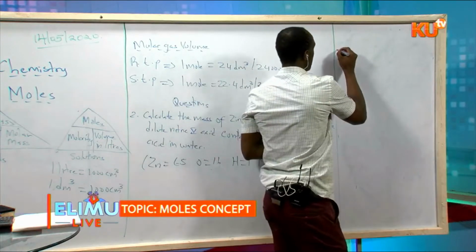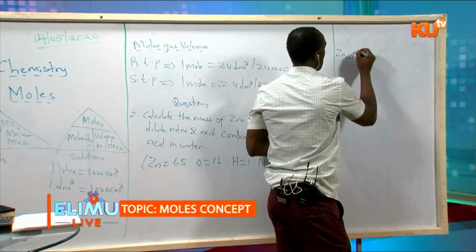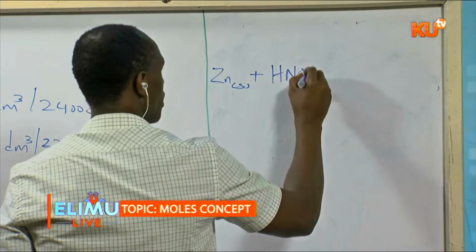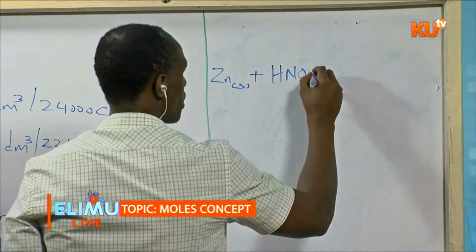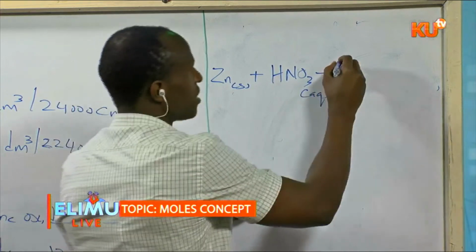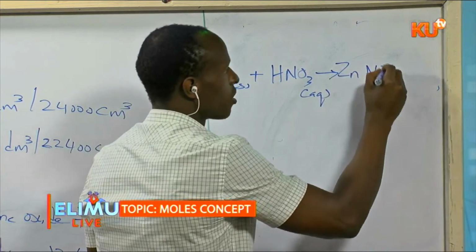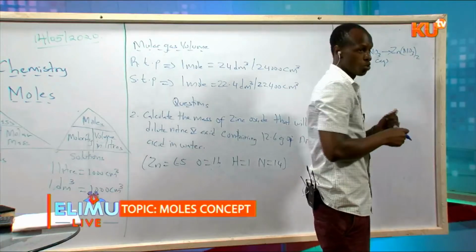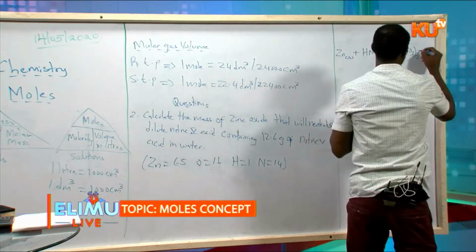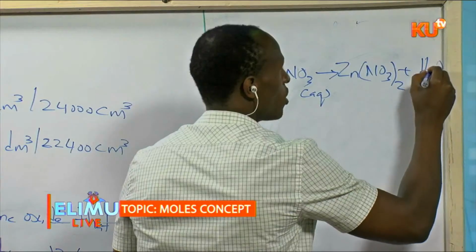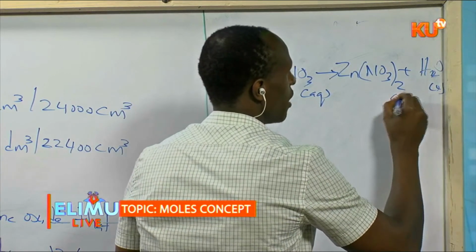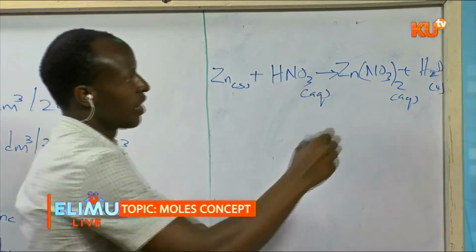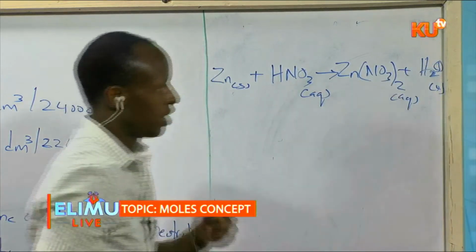Zn is a solid, plus nitric acid, HNO3, an acid, is always aqueous. So you'll get zinc nitrate, Zn(NO3)2, form 2 work will help you know why the formula comes to that, plus H2O, water, which is liquid. I hope the formula H2O is clear at home.